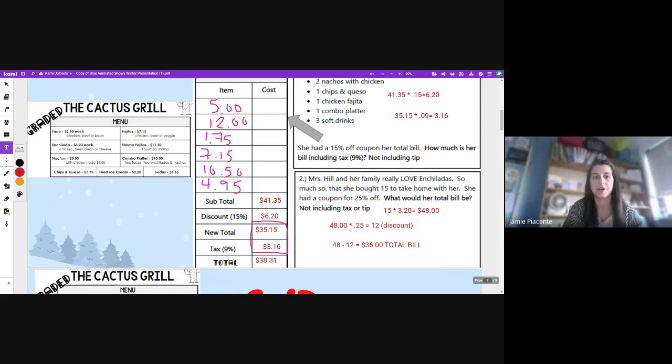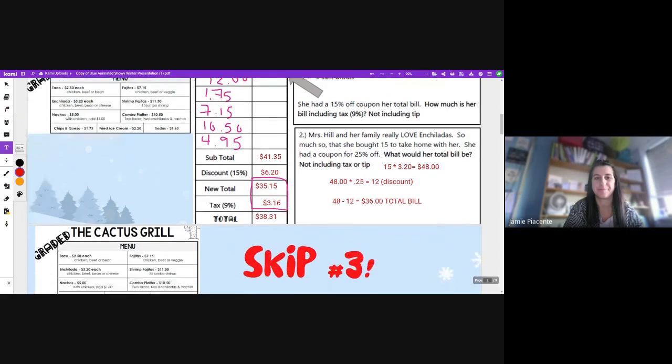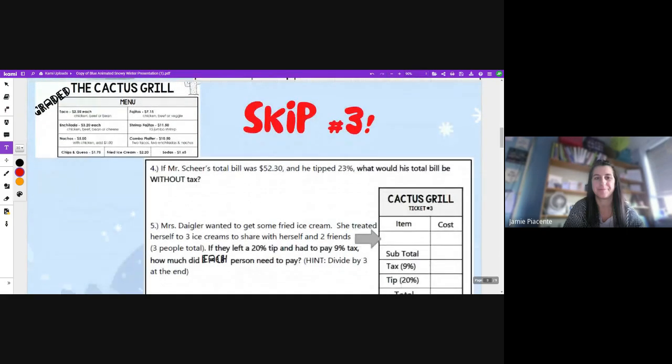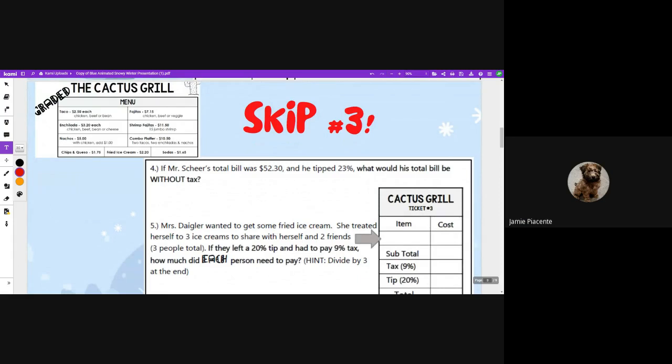Okay, so now let's move on to the next page. We are skipping number 3. So skip number 3. You can cross it off if you want, or leave it if you want some extra help, extra practice, I mean. So number 4, this is down at the bottom of our page.